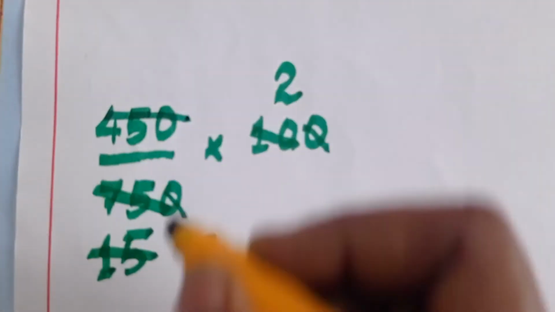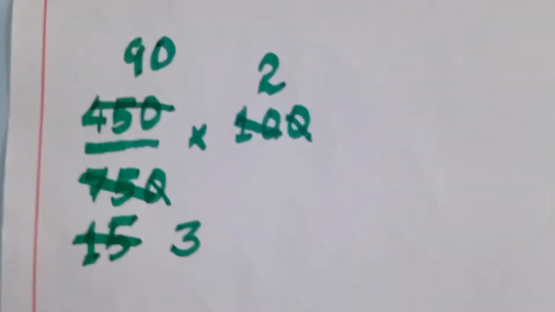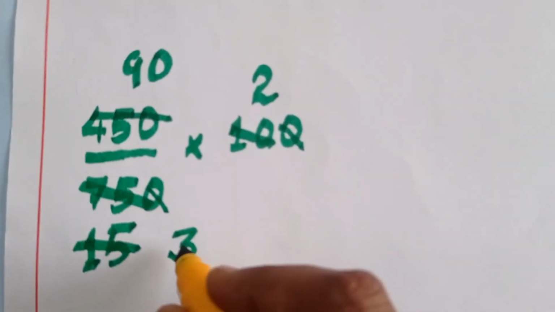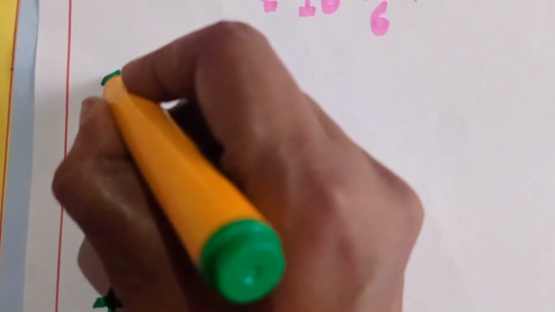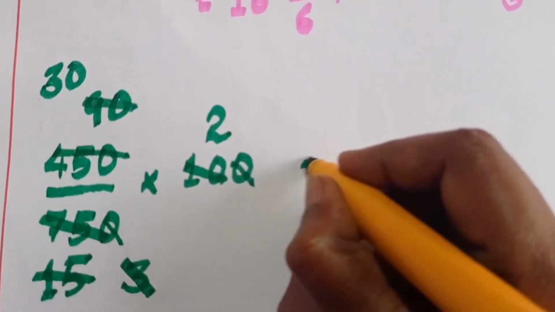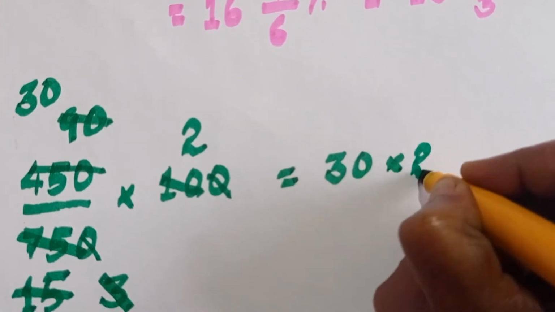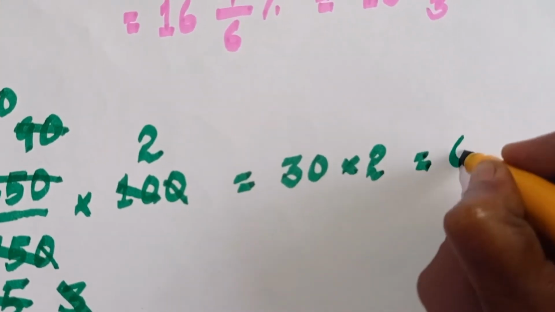Then 45 divided by 5 is 9. Then put the 0, 90. Then 90 divided by 3, we get 30. Then 30 into 2 is equal to 60%.